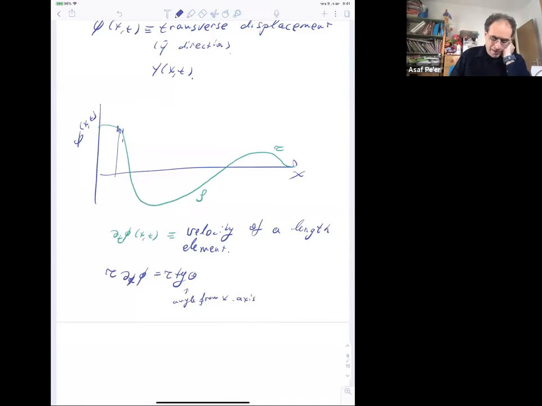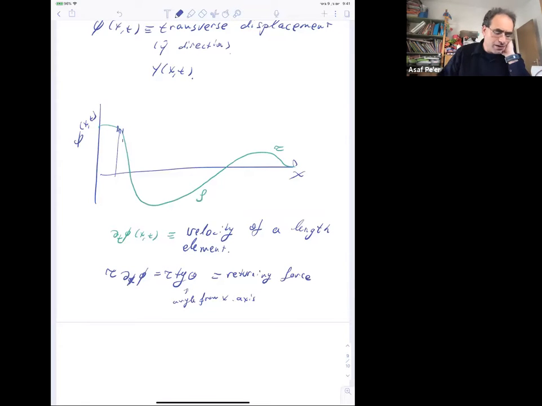This is the returning force that acts on an element of the string in the y direction. And of course, I assume here that the length of the string is fixed and the string cannot be stretched.